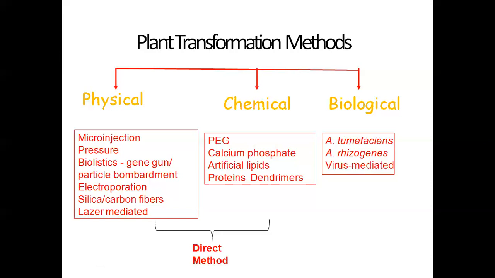During plant tissue culture, the plant species will be cultured in the Agrobacterium-containing media, and then the genes will be inserted into the plant species. So this is the indirect type of gene transfer method in plants. This is all about the highlights of plant transformation methods or gene transfer. Hope you understand, and if you have any doubt, we will clear it in the class. Thank you.